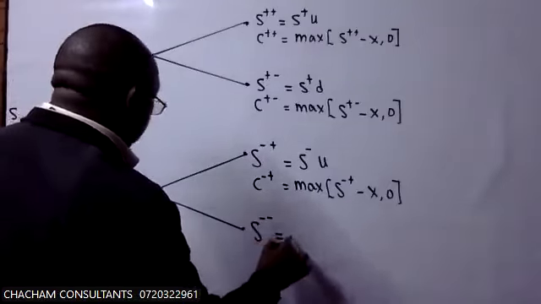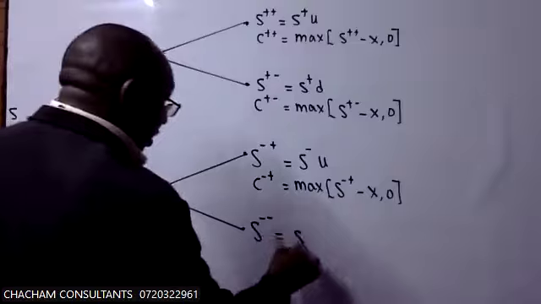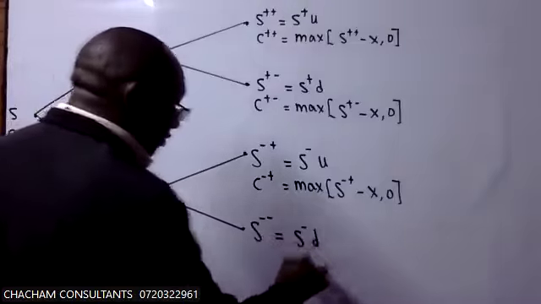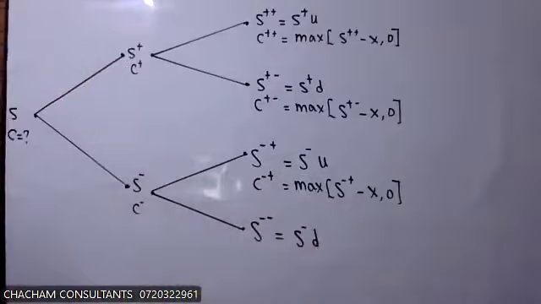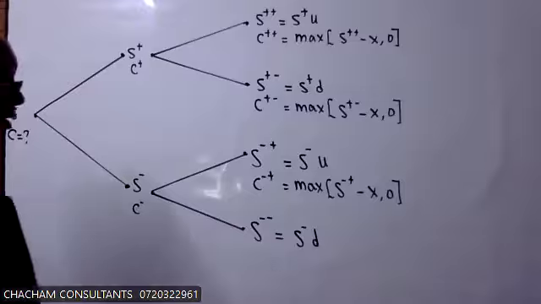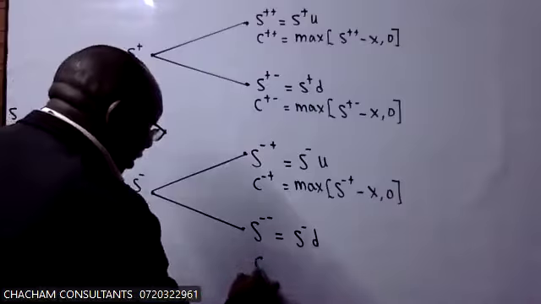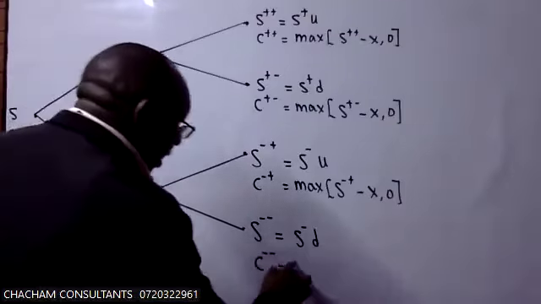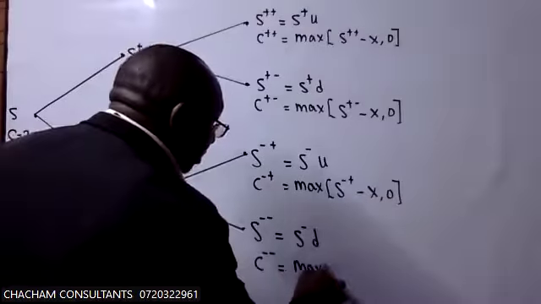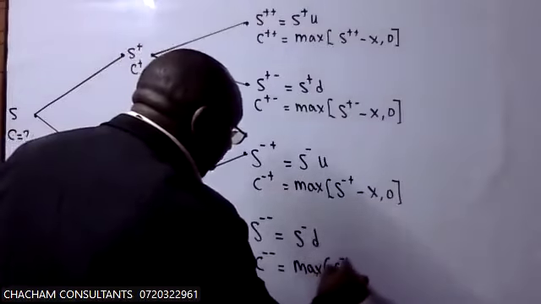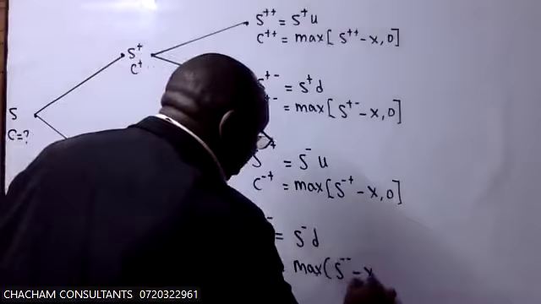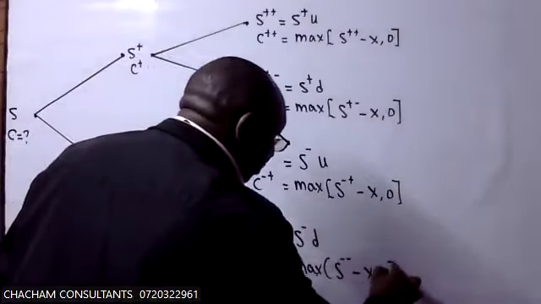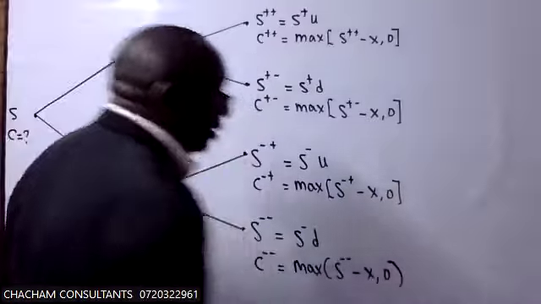It is S negative down factor. Imeenda chini. And then C negative negative, it is the max of S negative negative minus X. That way.